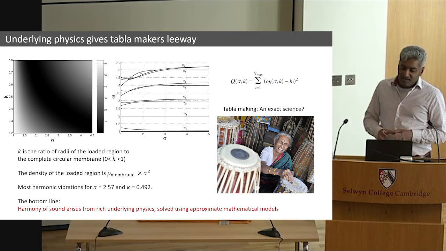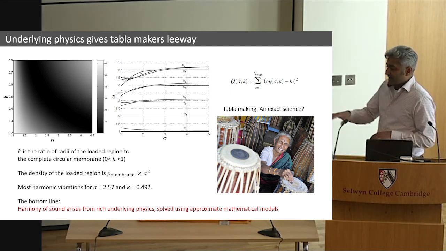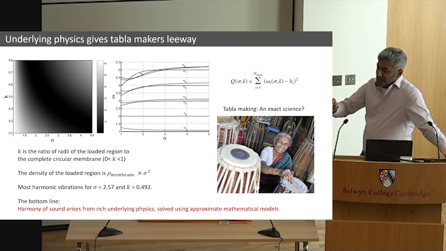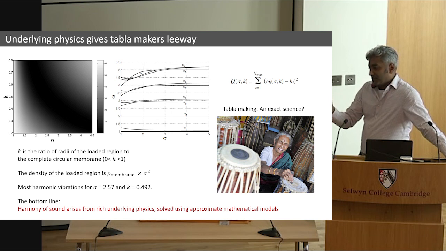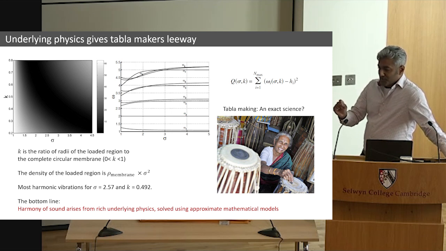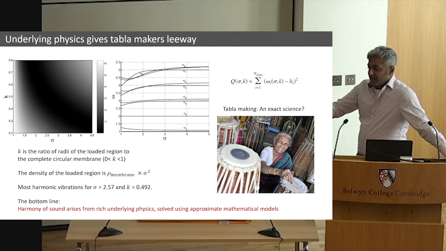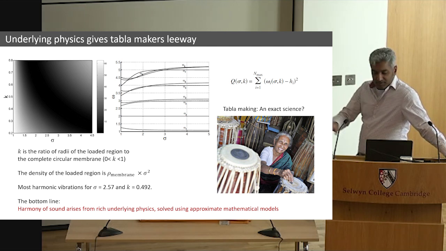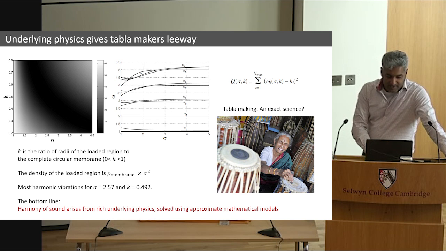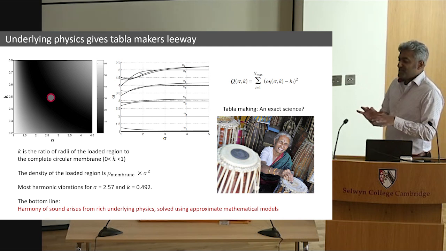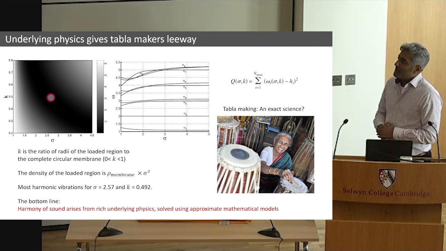And the reason why they're very lucky is because the various parameters, like the density of loading, the amount of loading over the surface of the head, there is an element of fungibility there. So you could, for example, go a little bit higher in density of the black loading region and a little bit lower in radius, for example. And so the band of parameters is this band over here that's seen in dark, and you could have some reasonable amount of play.